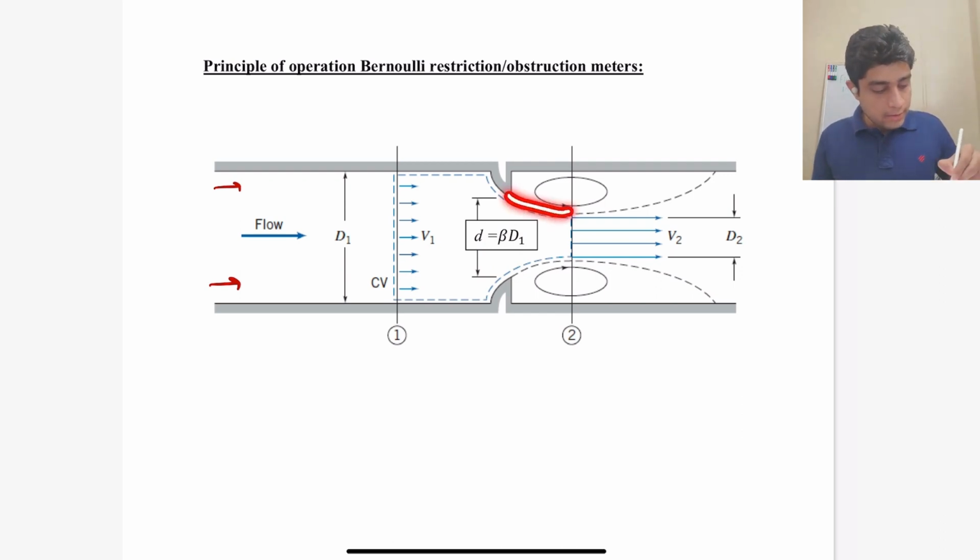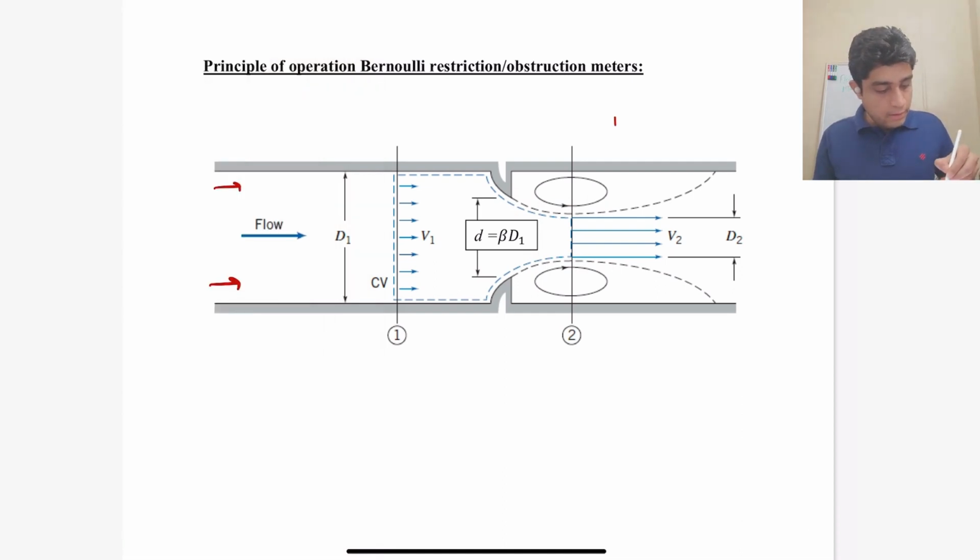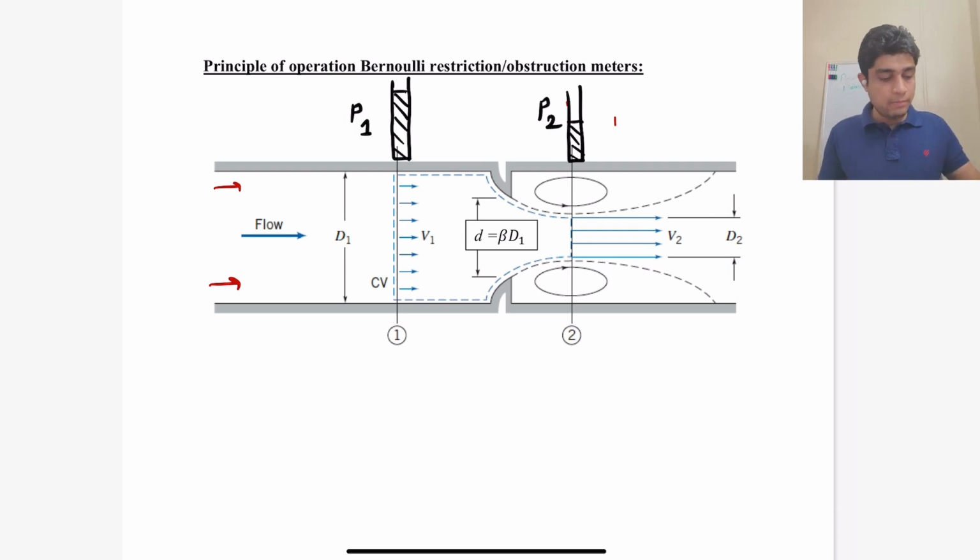Then further downstream, we have a point 2 where we measure the downstream pressure. We can measure this pressure by using a U-tube manometer. Let's say the pressure upstream is P1 and the pressure measured downstream is P2, and this is the throat.